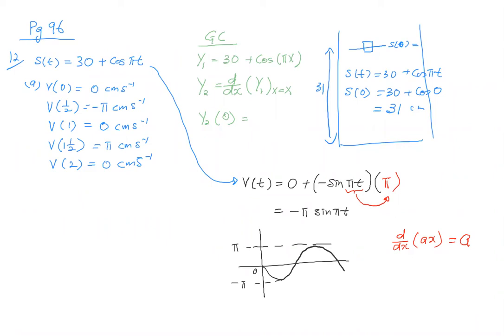Now they want to find the time interval when the cork is falling. So can you please sketch the graph of S(t)?